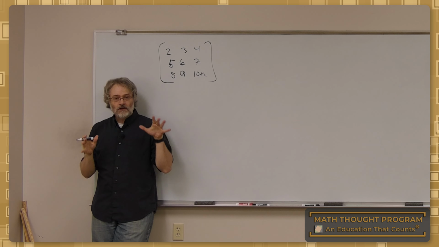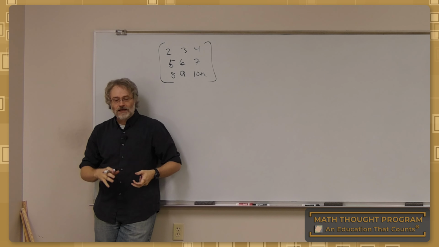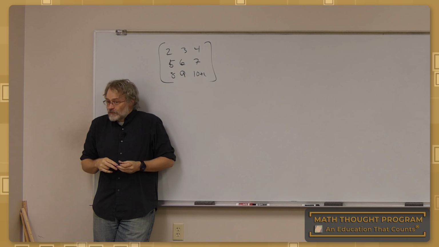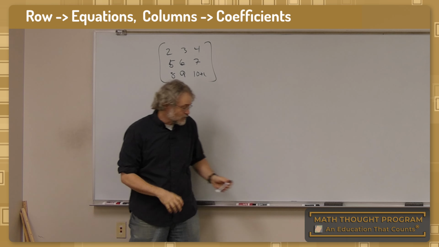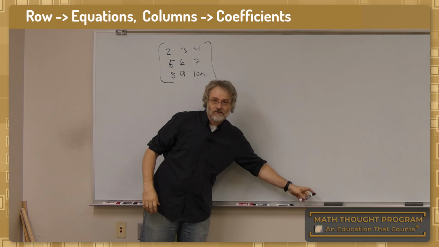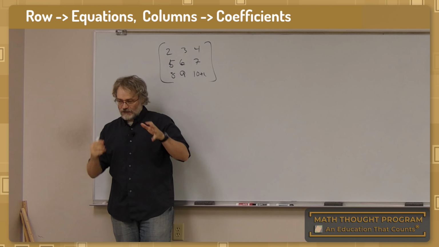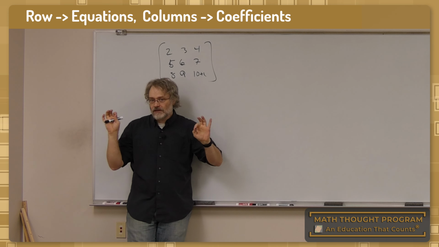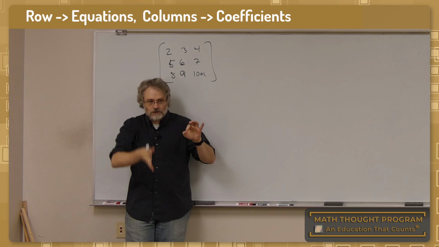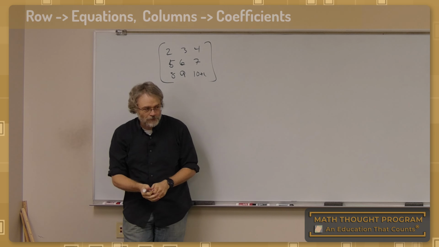And we could talk about the number of rows and the number of columns. One interpretation is that we can think of it in terms of the coefficients for a linear system. The rows we can consider as being the equations, and what goes in each row are the coefficients of the variables.